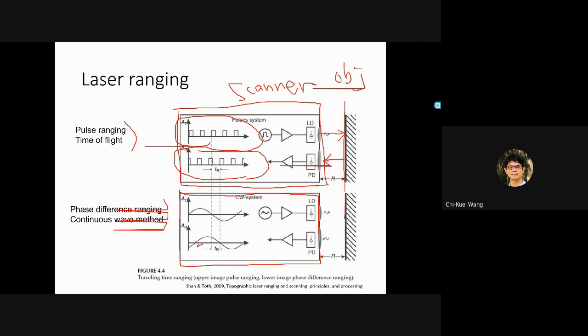Again, this is the object. Again, on the outside it looks like the laser is transmitted and the laser comes back. But something is different on the inside. This is the signal being transmitted and this is the signal being received. So the inside is different. Outside, it looks exactly the same. The laser is being transmitted and the laser is being received.